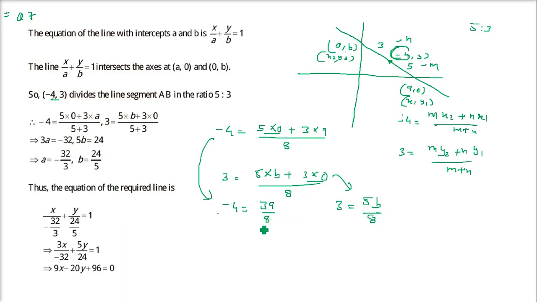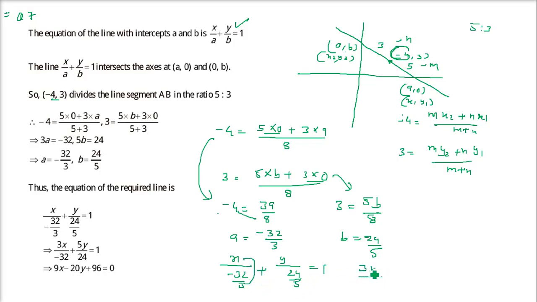So here you get a as minus 32 by 3, and b will be equal to 24 by 5. Now a and b are there. Put them in the intercept equation: x by minus 32 by 3 plus y by 24 by 5 equals 1. 3 goes up, 5 goes up.